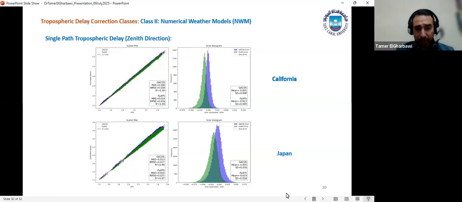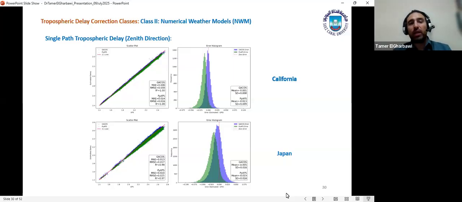For the PyAPS, it's actually 20 millimeter compared to 16 millimeters. So it is the same model, or actually two models. We actually tested two models, the PyAPS with ERA5 and HRES. They perform differently in California compared to Japan. This is mainly because of the different climate regions.